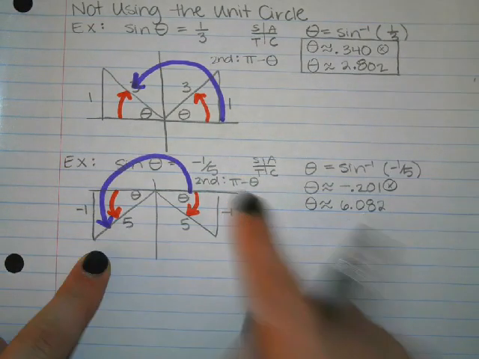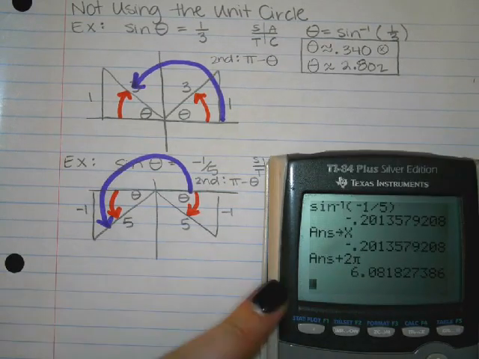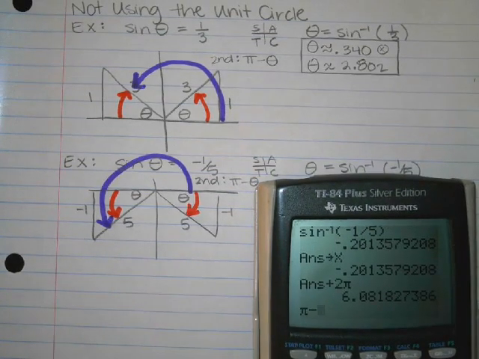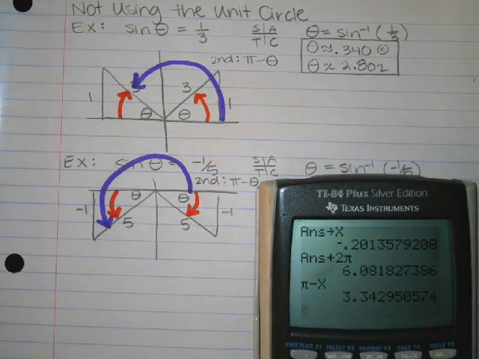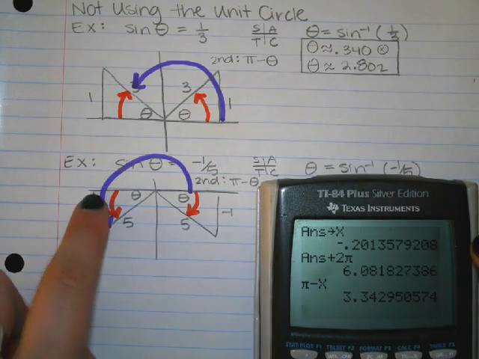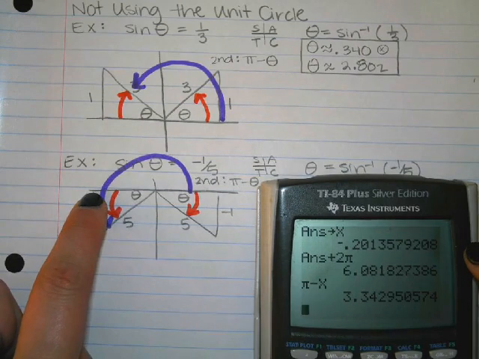Okay? So I'm going to go ahead and type that in my calculator. I've got pi minus what I stored as x. It's going to add it because you're subtracting a negative. And it's supposed to do that. And if you can see, our number makes sense. We had 3.343. This line right here is 3.14. That's pi.